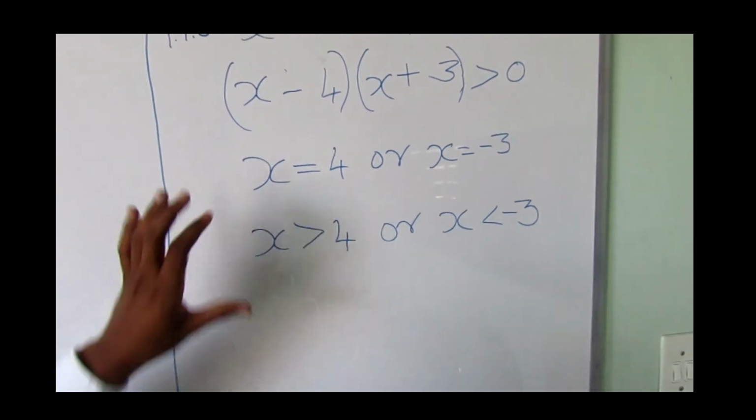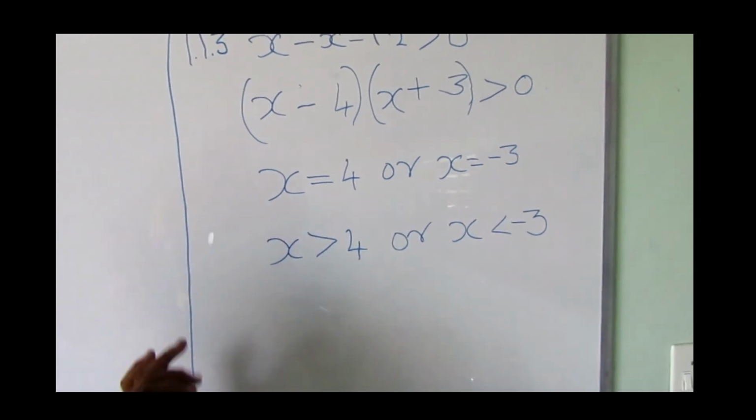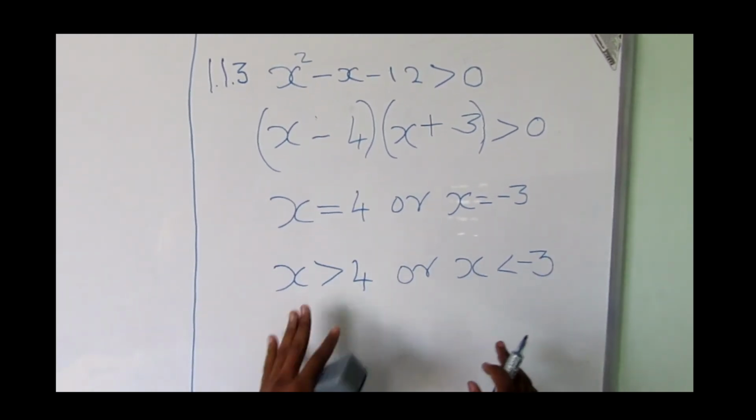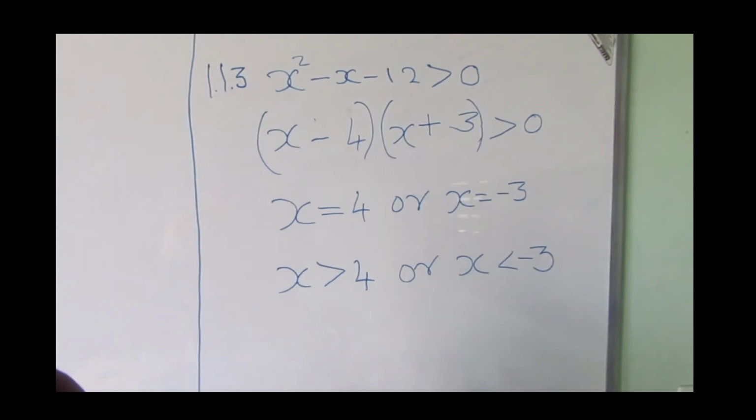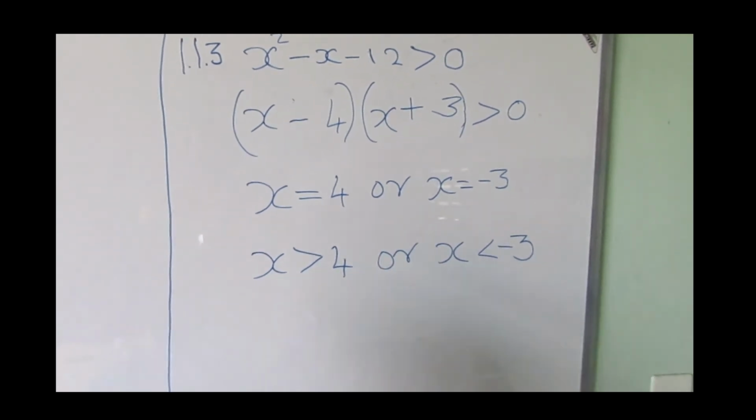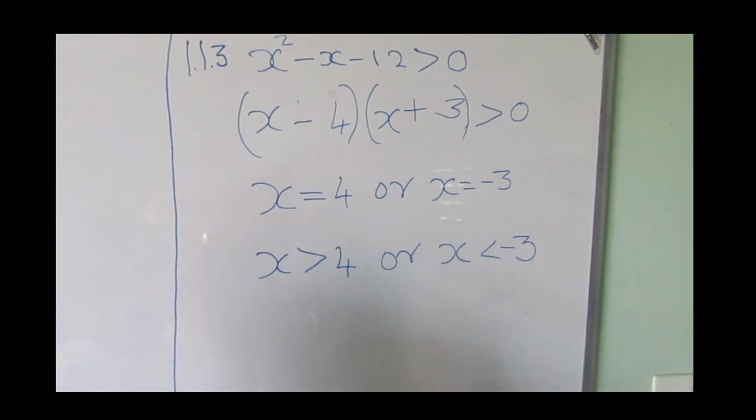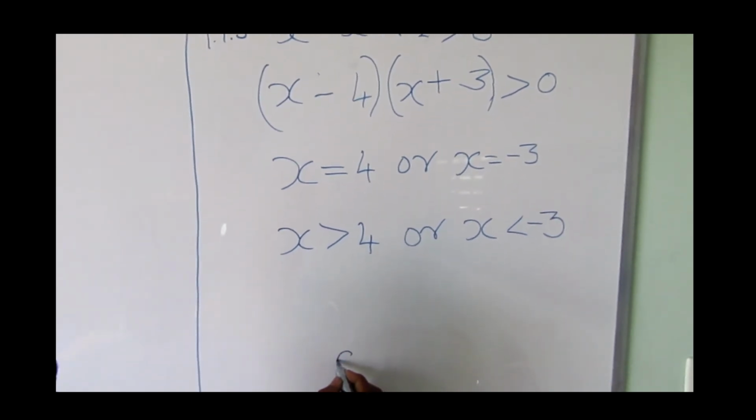Then, after this step, we have to draw a number line to show that the value of x ranges between here and here, and our number line is going to be like this.